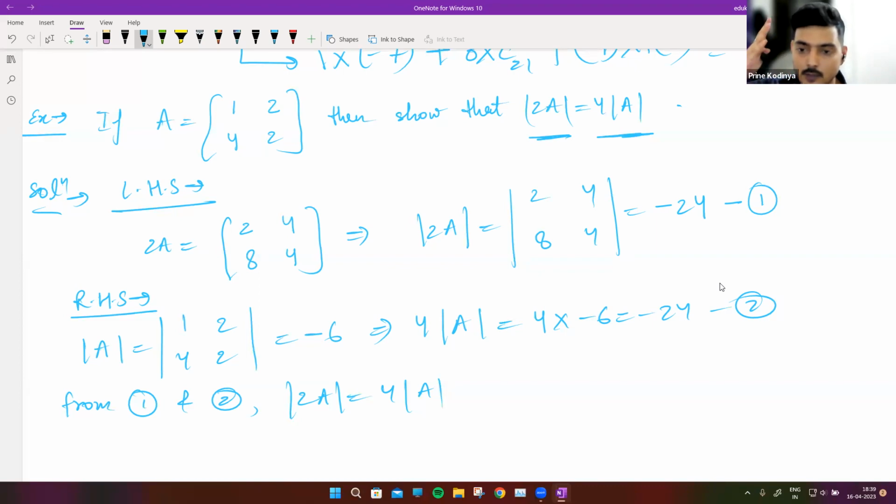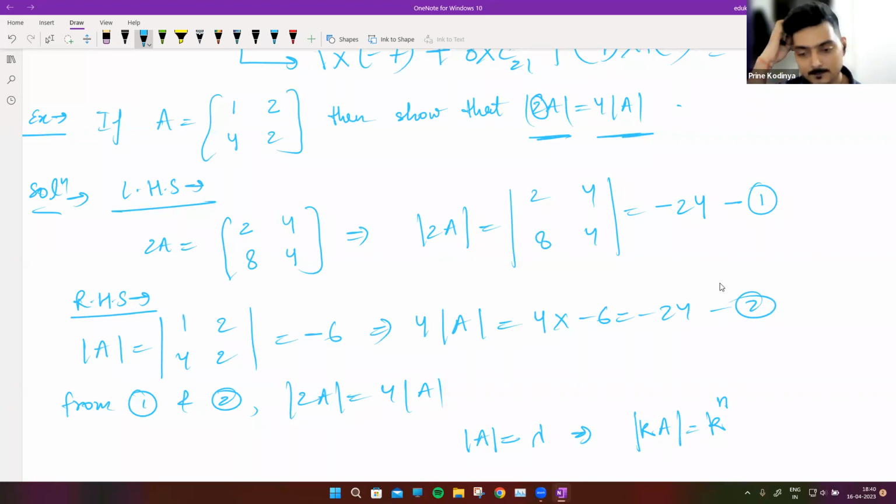So when you take out any real number like this 2 outside of the determinant, let's say your A has some value, say 11, and you want to find the value of KA. Then you can take this K out, but you have to take out the power of K as well.